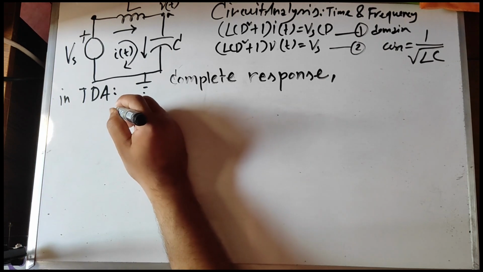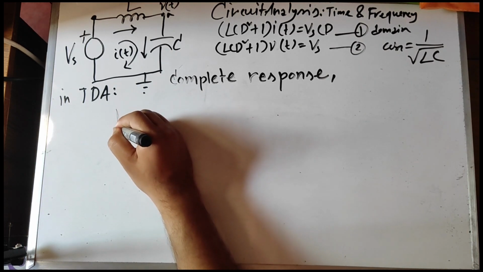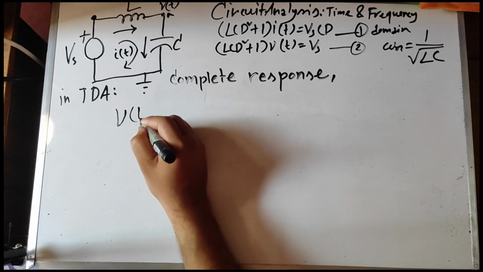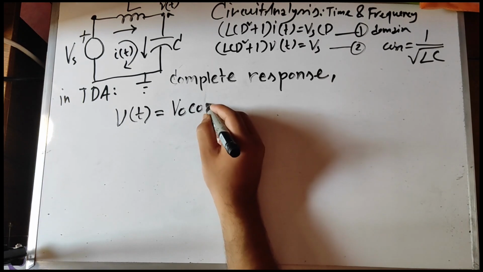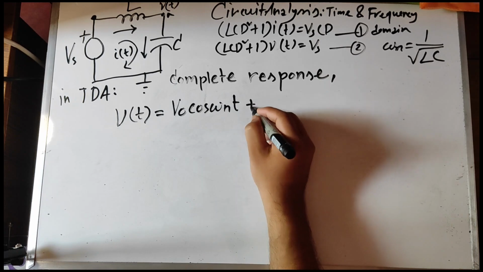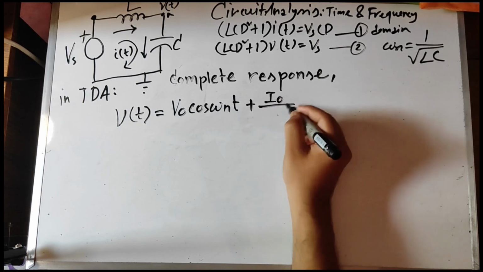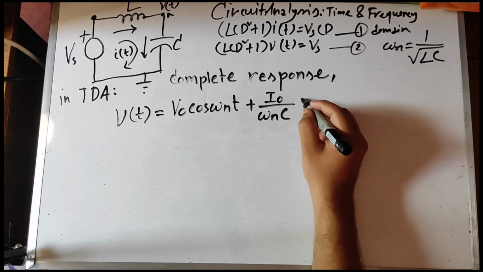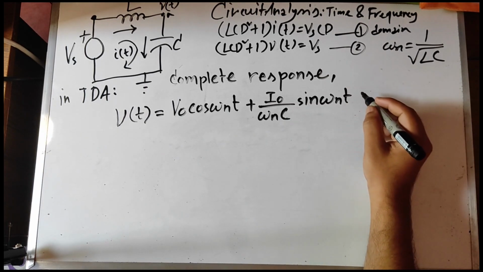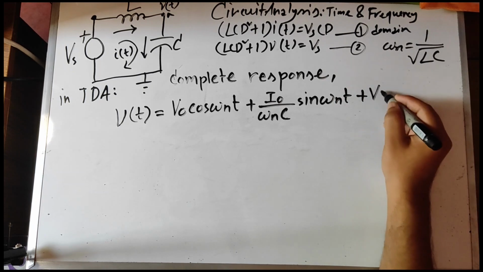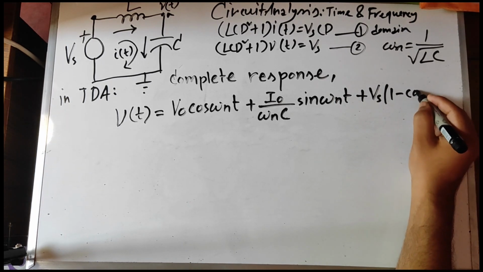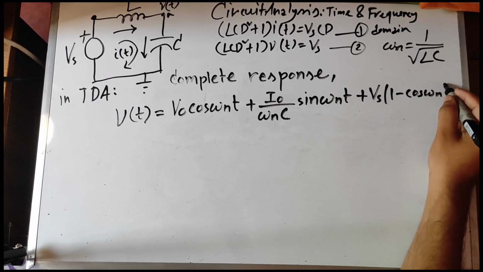So VO cos omega nt plus initial current by omega n C sin omega nt plus Vs, the input voltage, times 1 minus cos omega nt.